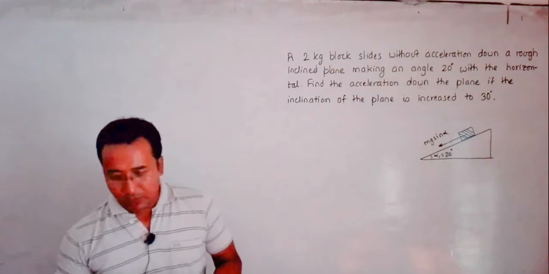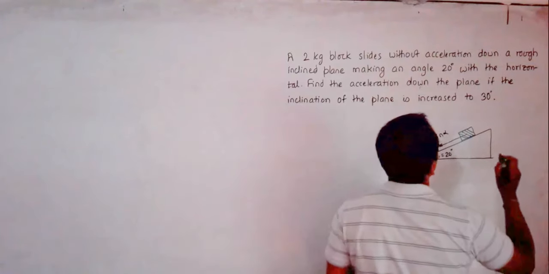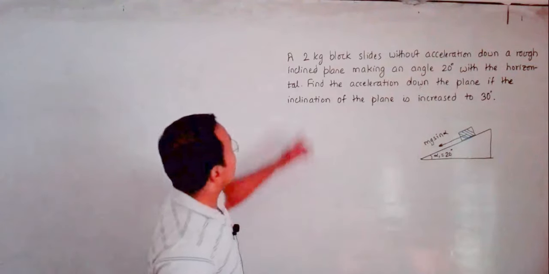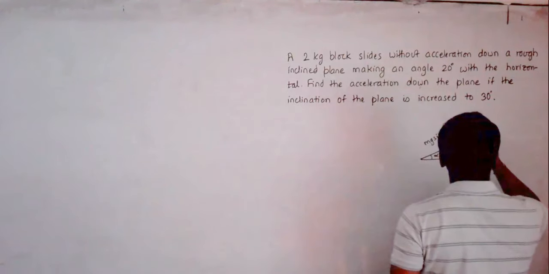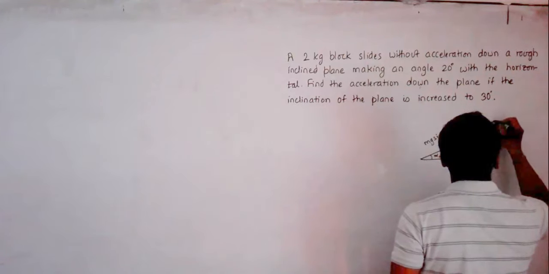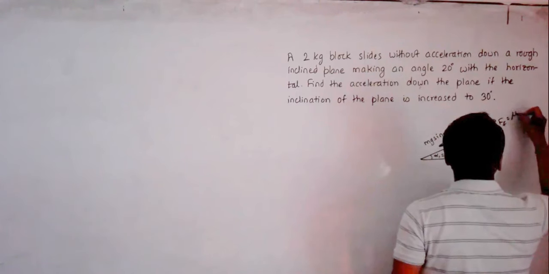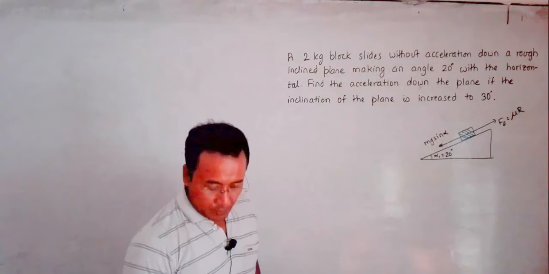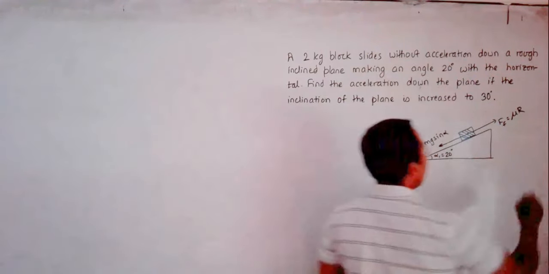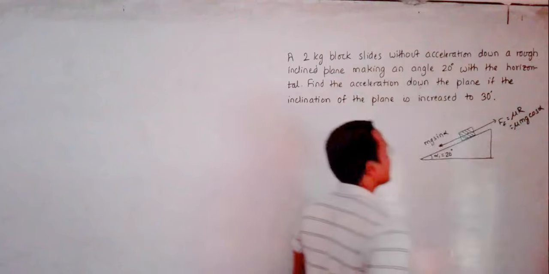And since the velocity is uniform, that is, there is no acceleration, and since the surface is rough, there should be friction. So the frictional force here should be equal to mu times R, where mu is the coefficient of friction, and that's equal to mu mg cos alpha.